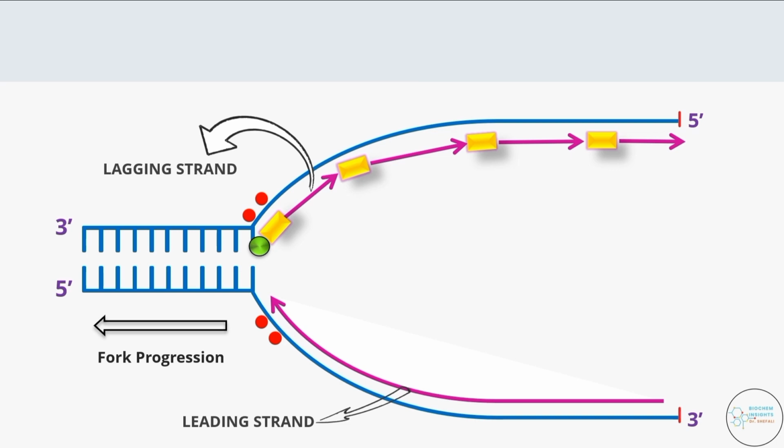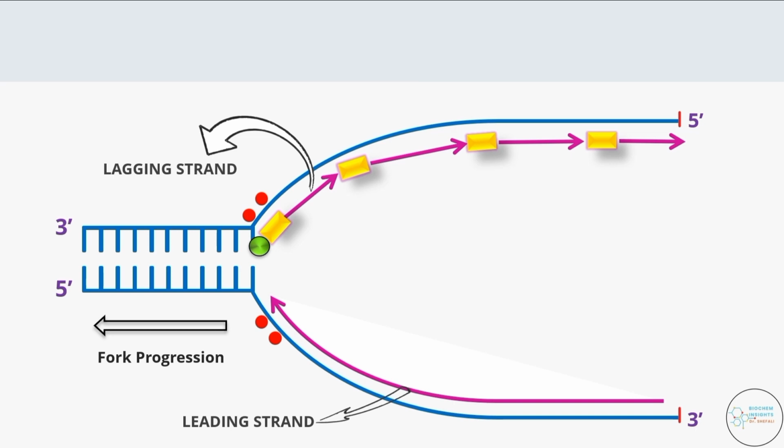So what is lagging strand? Lagging strand is the DNA strand that is synthesized discontinuously by the enzyme DNA polymerase 3 in 5' to 3' direction away from the replication fork. So as you can see, the lagging strand synthesis requires multiple RNA primers at specific intervals followed by synthesis of short stretches of DNA.